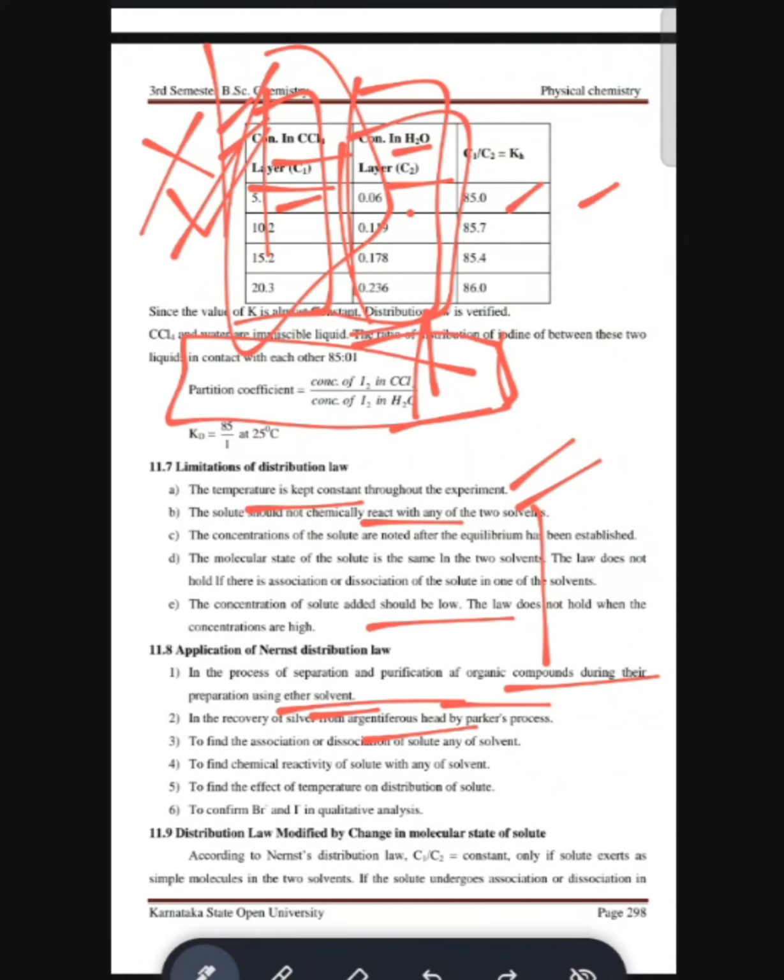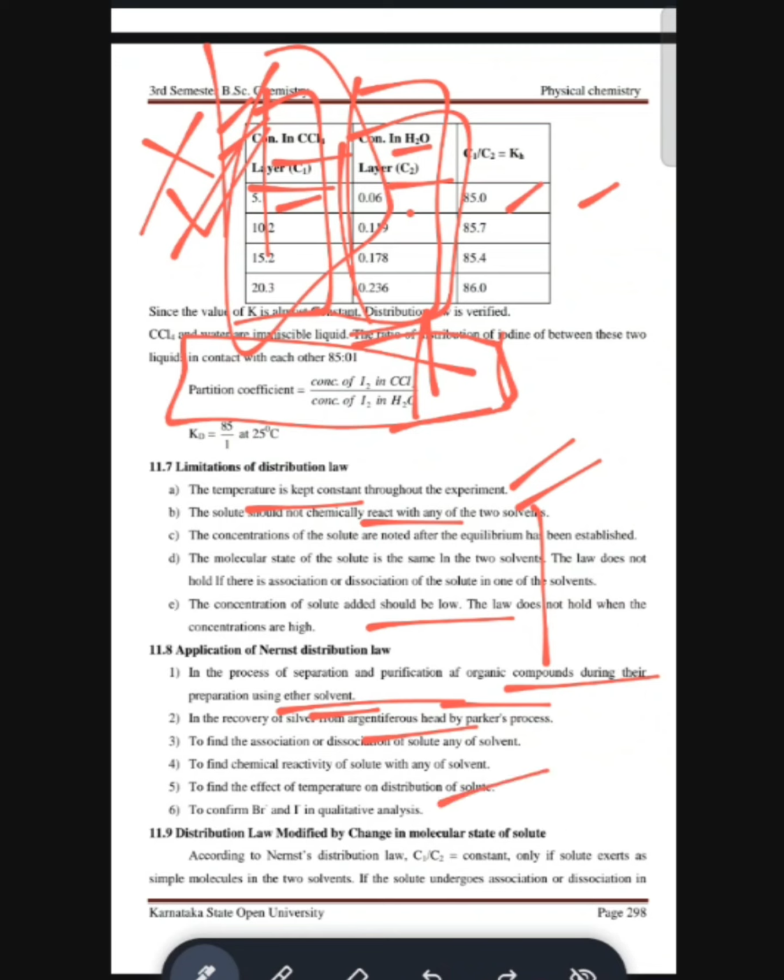This method is used to find the association or dissociation of a solute in any solvent. Another distribution law can be used to find the chemical reactivity of a solute with any solvent. Chemical reactivity can be identified with any solvent, to find the effect of temperature on distribution of solute.